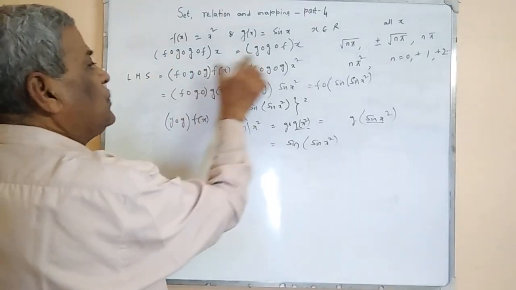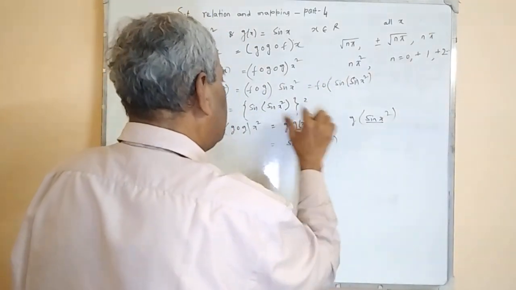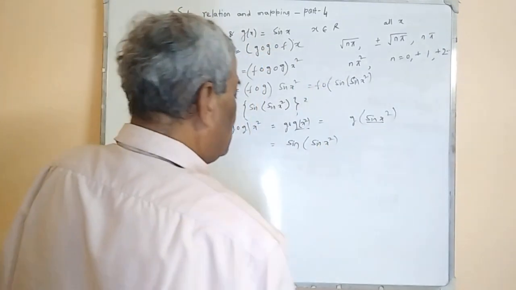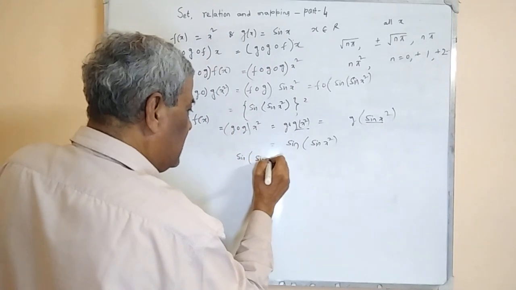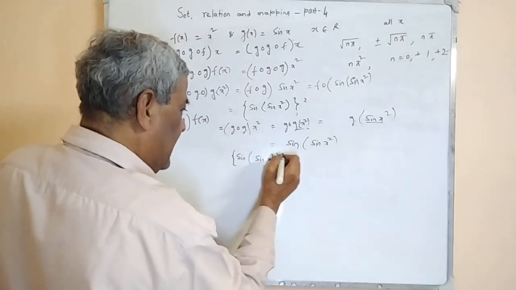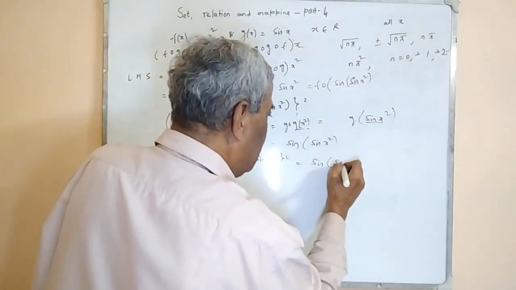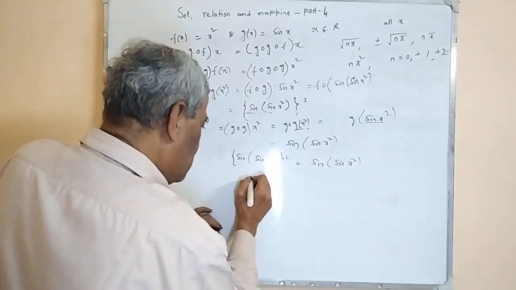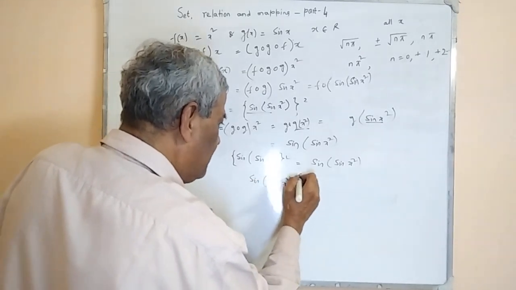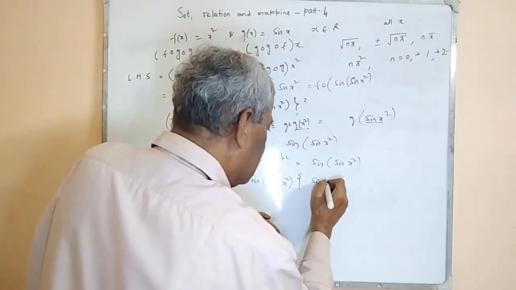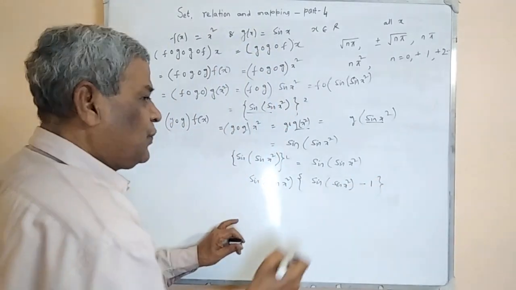Now given that it is equal to that, this means this is equal to that, and right hand side is this. So we must have sine of sine x square, its whole square, equal to sine of sine x square. Taking common, we have sine of sine x square times (sine of sine x square minus 1) is equal to 0.